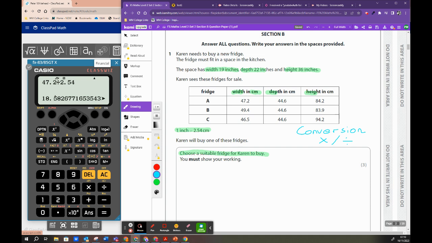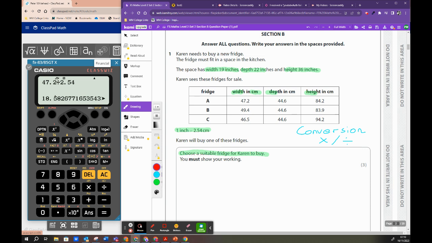Now, if you have any doubt here as to which one of these you're going to do, then I've done a separate video for you on I'm not sure whether to multiply or divide. And when I say not sure, I mean if you're not 100% sure at this point whether you're going to be multiplying or dividing in this question, then go and have a little look at that video.